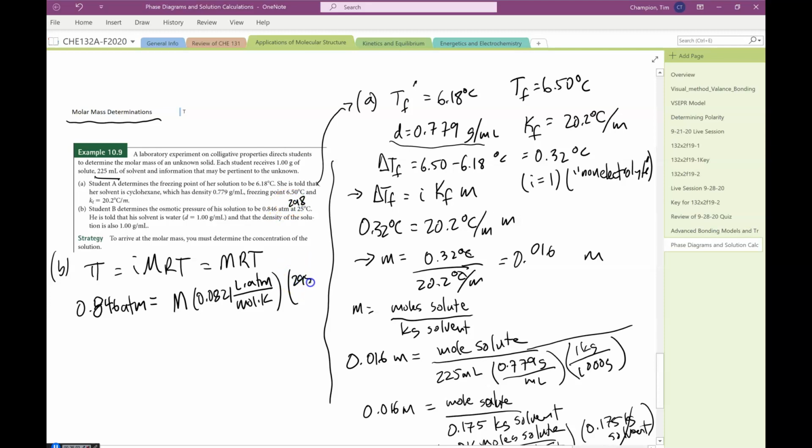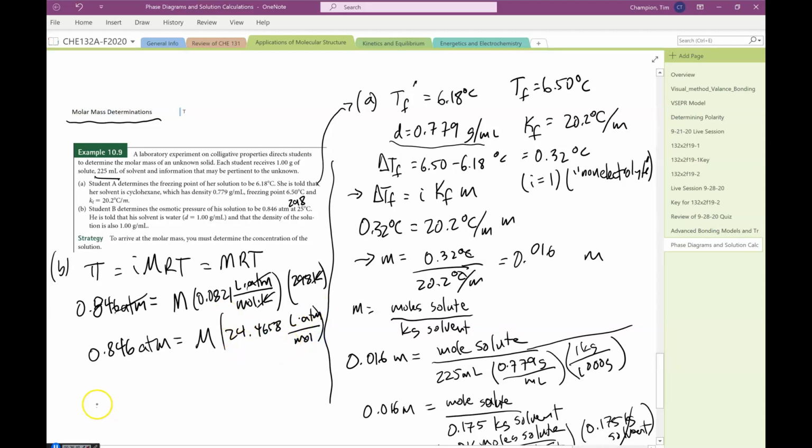So Kelvins will cancel out, atmospheres cancel out, and so we wind up with 0.0821 times 298. So we got 0.846 atm, I'll leave atmospheres in for now, is equal to molarity times 24.4658 liters atmospheres over moles.